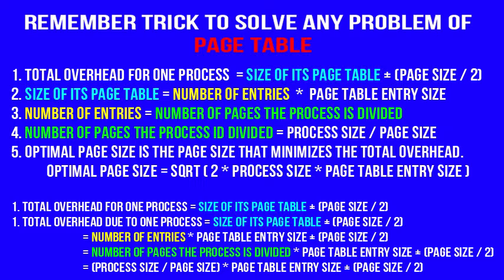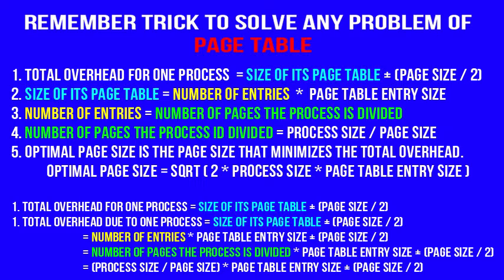Now let us elaborate all these formulas. How do you find the total overhead for one process? The formula is: total overhead for one process equals size of its page table plus page size by 2. Size of its page table is already given as number of entries into page table entry size plus page size by 2.